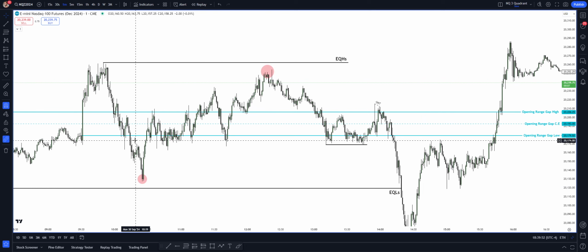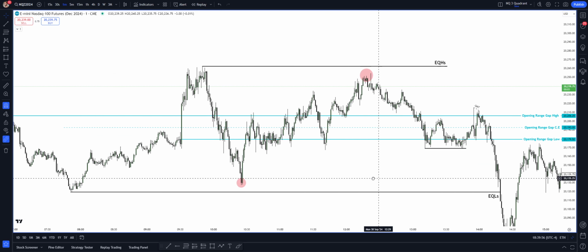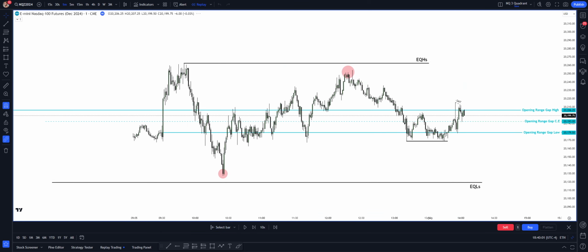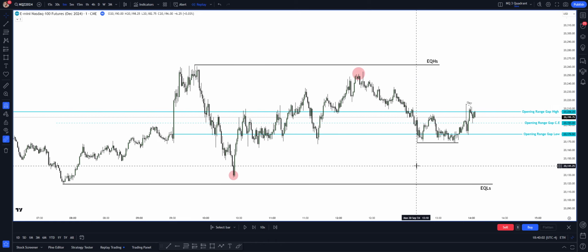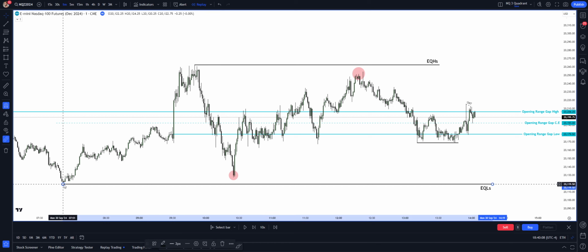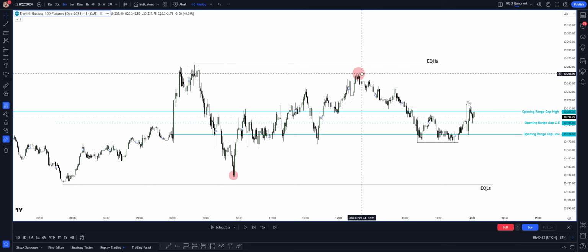You should disregard anything in between. Your main focus should be, when you look at price like this, exactly like this, what your eyes have to see is this low and this low, okay, this high and this high.